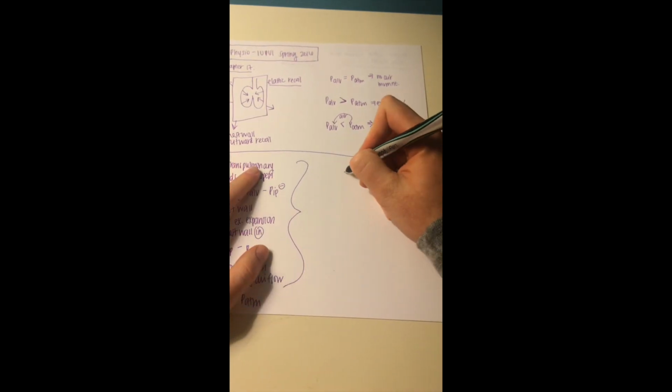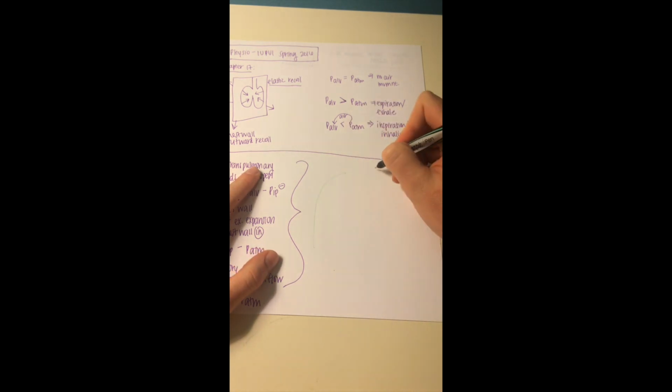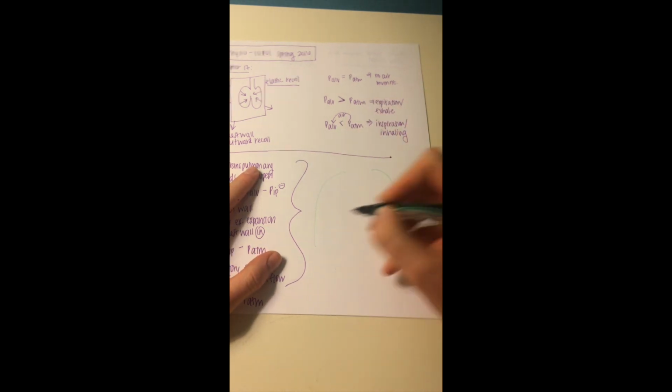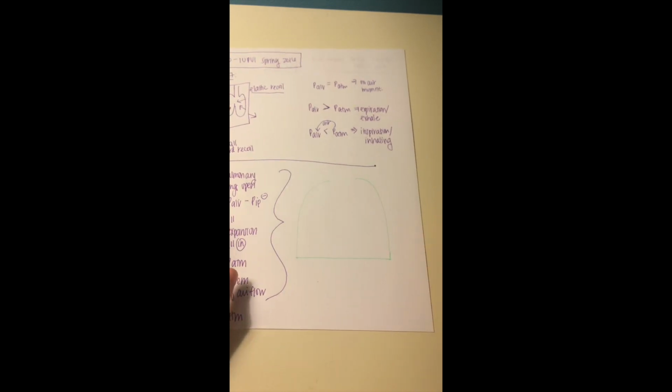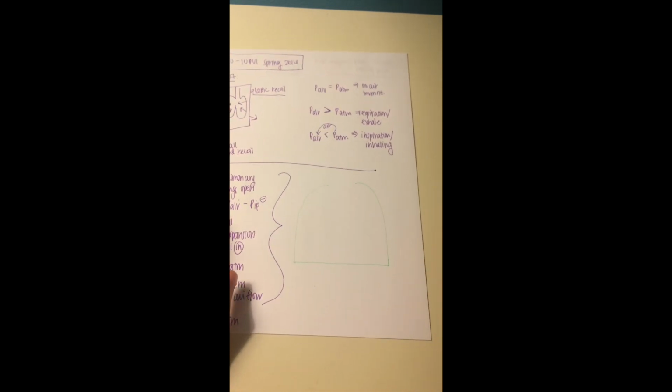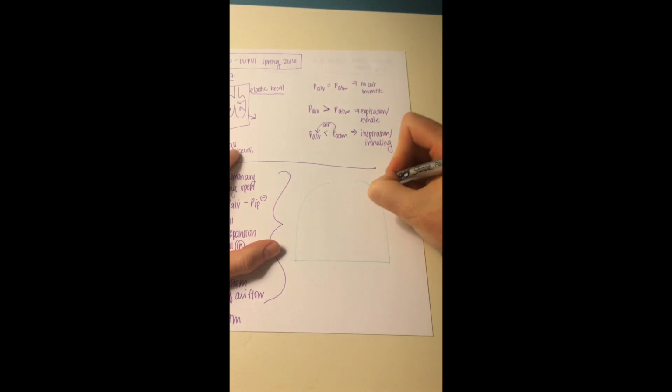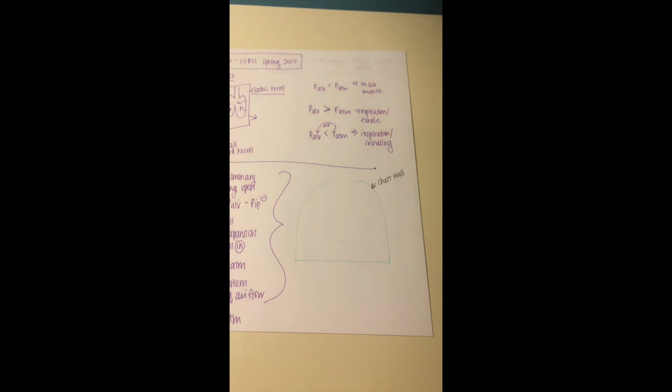So here we have the chest wall. And obviously this isn't going to be anything anatomically or physiologically correct, but it's just so we can see what's going on. So this is going to be your chest wall. And then on the inside of that, you have your lungs.